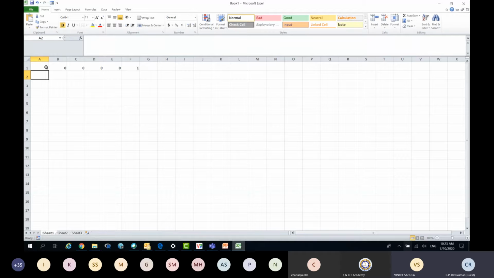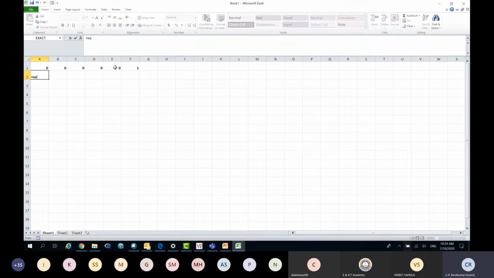So this is our x1, the output of the first flip-flop, then x2, x3, x4, x5, x6. I need to XOR x5 and x6, which are cell E1 and cell F1.